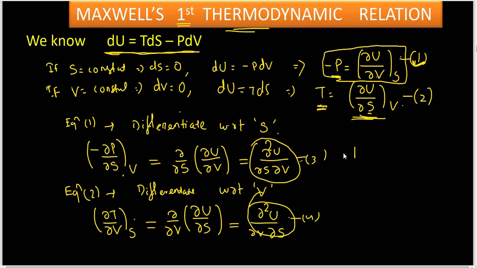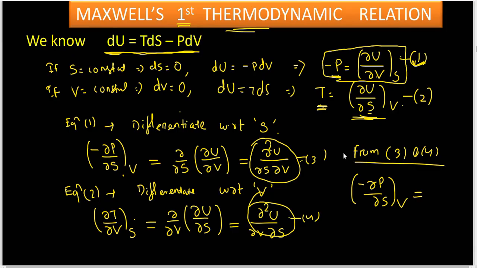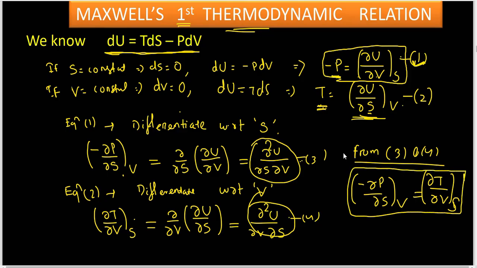So from equation 3 and 4 we'll get minus ∂P/∂S at constant V is equal to ∂T/∂V at constant S. So this equation is the first Maxwell's relation.